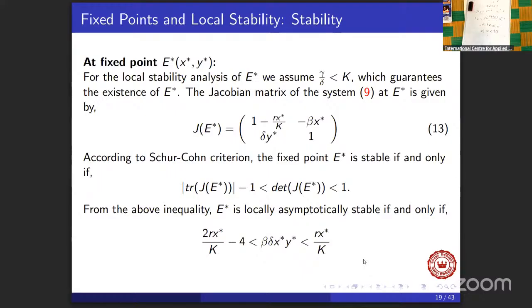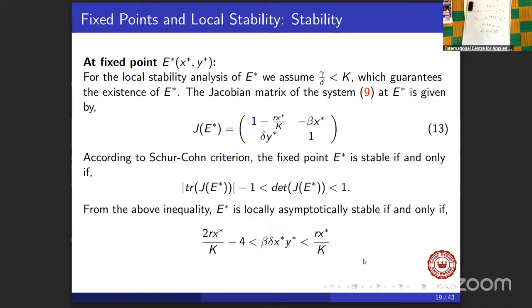See. Now, for the interior equilibrium point, at J star, we get the value, but we will not explicitly find the eigenvalues, so we use the Jury criteria. Here, the trace modulus minus 1 is less than the determinant of the Jacobian matrix, which is less than 1; if this is satisfied, the system is stable.